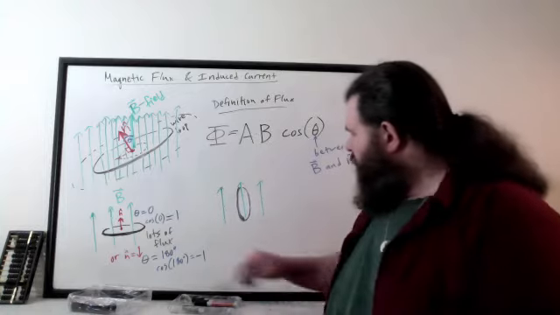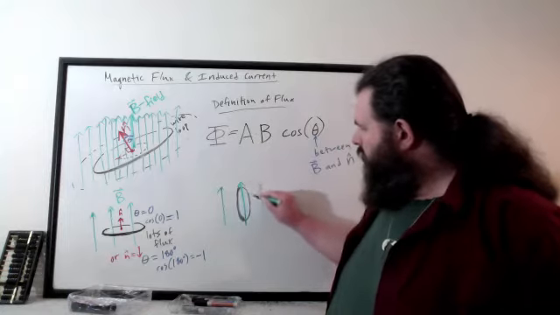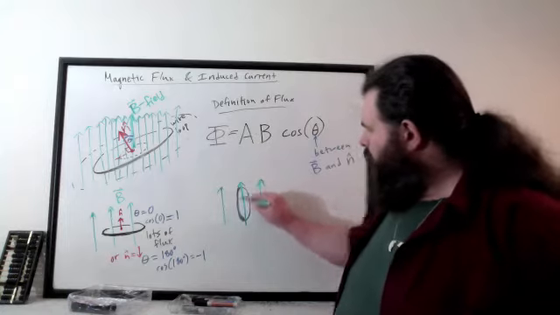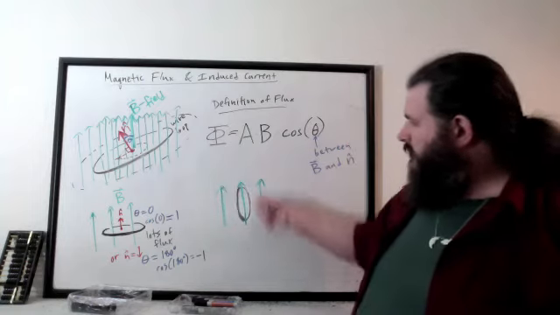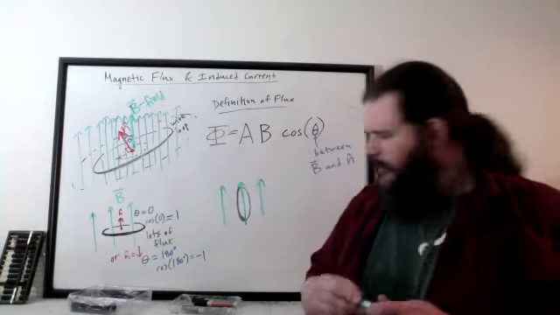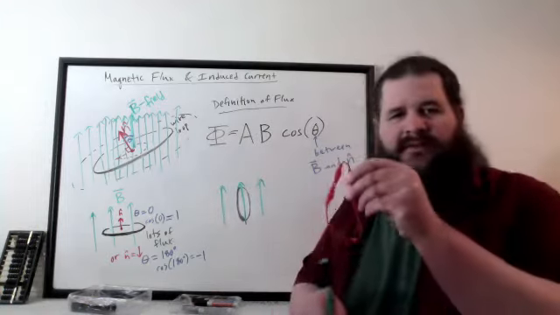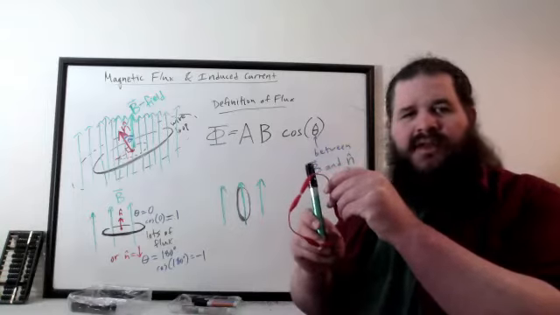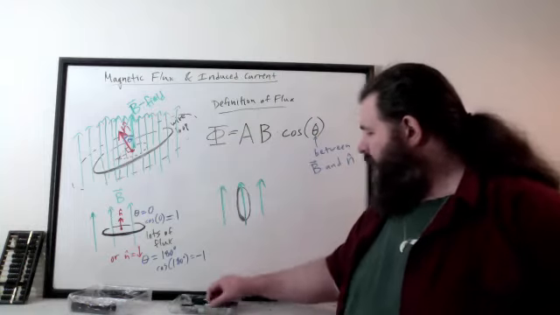In that case, you've still got magnetic field in this region of space. The loop has area, and there is a magnetic field in this region of space. But we want to say this has zero flux, because the magnetic field is just skimming along the surface. It's not going through the surface. So we should expect this to be no flux.